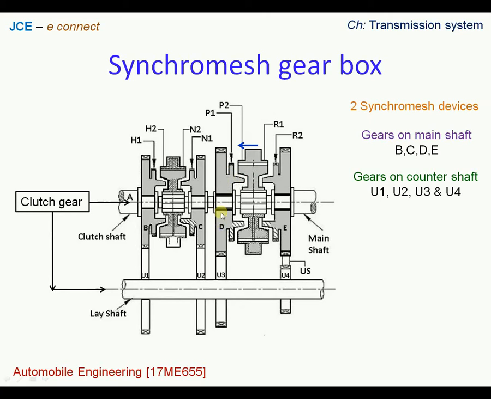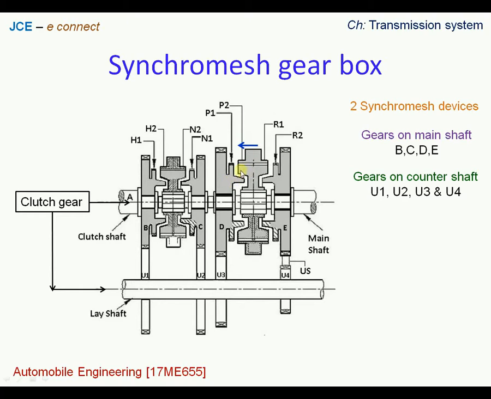Let's say that this is gear number D as gear number 1, and gear number C as gear number 2, and gear number B as gear number 1. Whereas gear number E, let us treat as a reverse gear in fact. Now during the operation, when the driver shifts the gear lever, he brings the Synchromesh device in contact with that gear wheel.